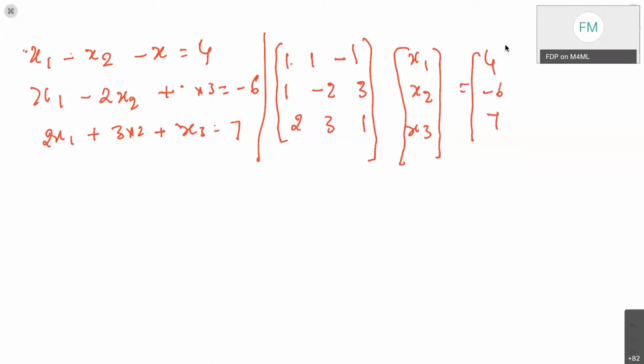Okay, so this is in the form of A x equal to B, right? So in the first row, 1, 1, minus 1.